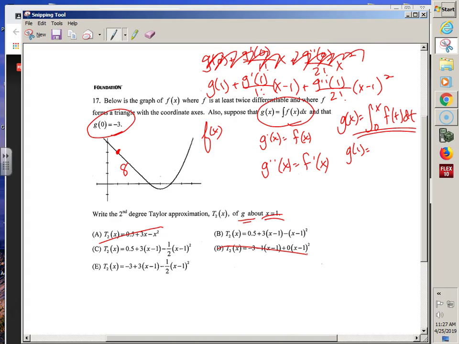F prime would be the slope, which is negative 1, right? Down 4, right 4. So f of 1, which is 3, and then g double prime of 1 is equal to f prime of 1, which is negative 1. Negative 1 over 2.